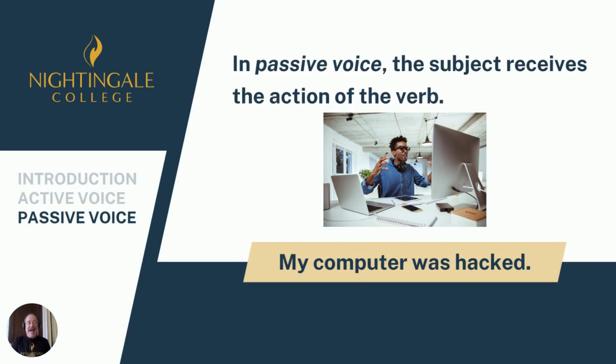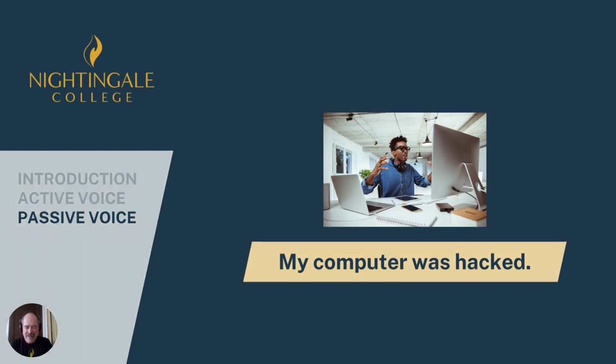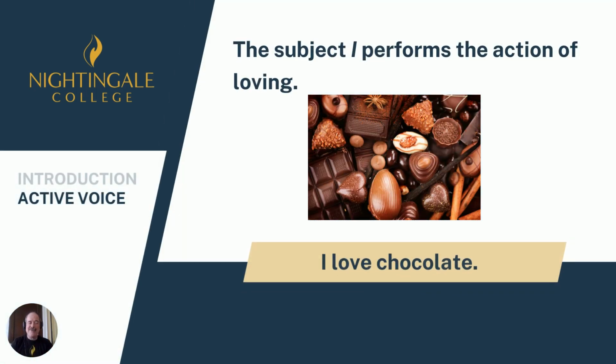So passive voice flips this all around. In passive voice, the subject receives the action of the verb. Let's back up a little bit here, actually. When we look at this sentence, I love chocolate, chocolate is receiving the action of the verb love.